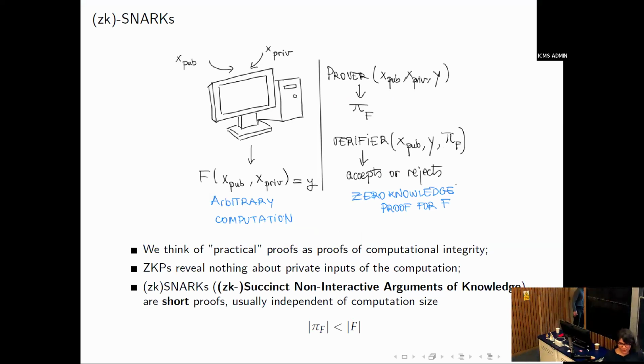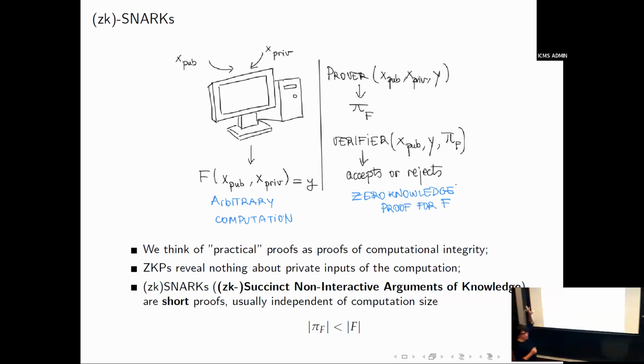You have the classical zero knowledge proof presentations, with people trying to solve a Sudoku and so on. But I think right now, the way people think of SNARKs is really as a proof of computational integrity. This is a term invented by, I think, the STARK people.